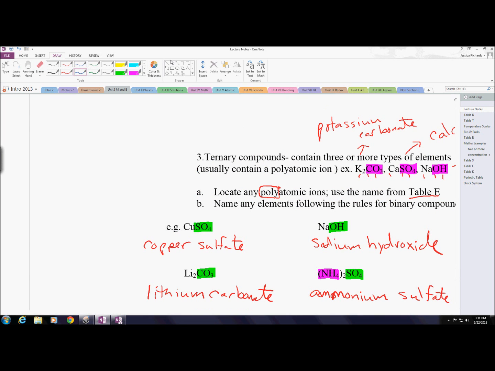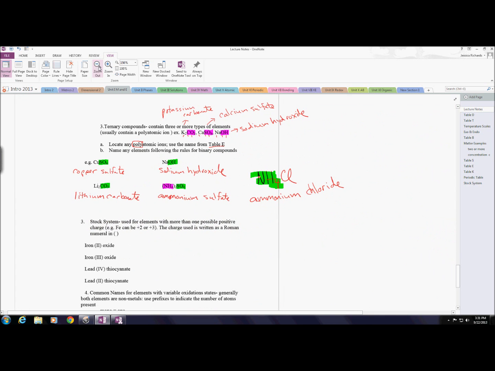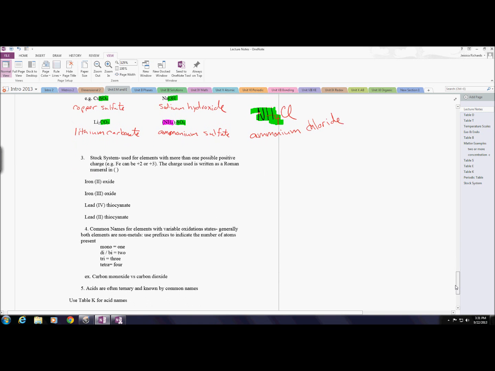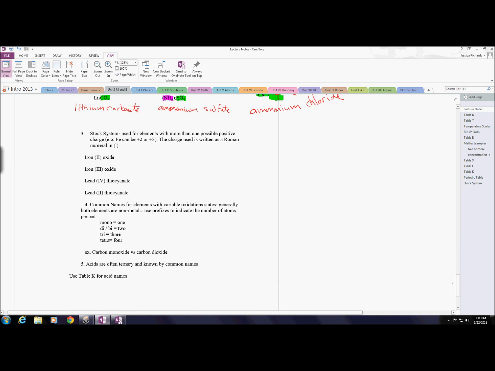The stock system is used when we are working with atoms that have more than one positive charge. Let's look at the examples in your notes first. Iron 2 oxide or iron 3 oxide. Two different names.